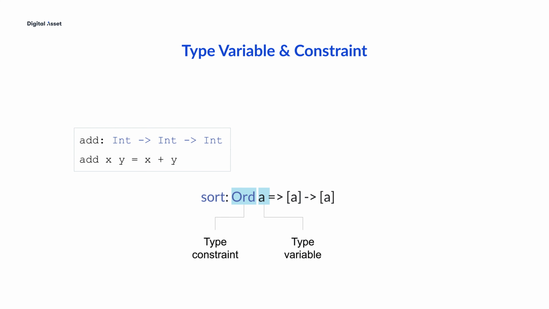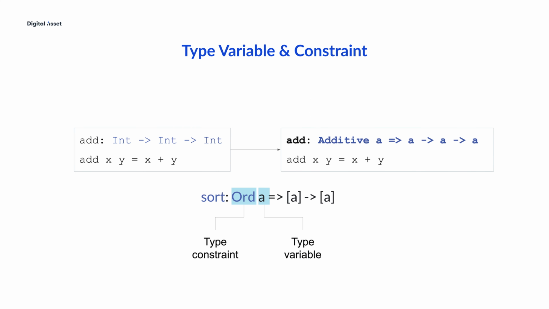On the other hand, the sort function uses a type variable a to represent any data type and requires the Ord constraint, indicating that a must be an instance of the Ord type class. By employing constraints like Ord, you can limit the types accepted by a function.